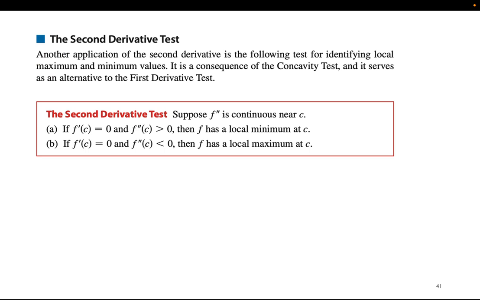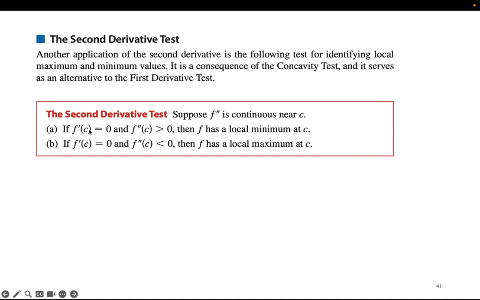This is the second derivative test. It actually tells you something similar to the first derivative test, but sometimes if you have the second derivative, it can be a quick check. If f double prime is continuous around c, and f prime of c is 0, so you have a critical number, and f double prime of c is positive, then it's a local minimum.